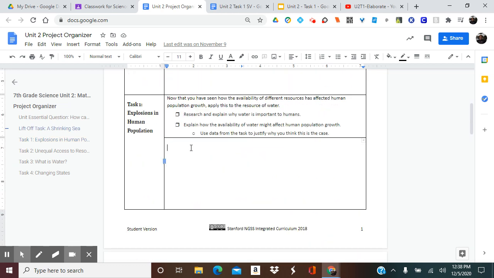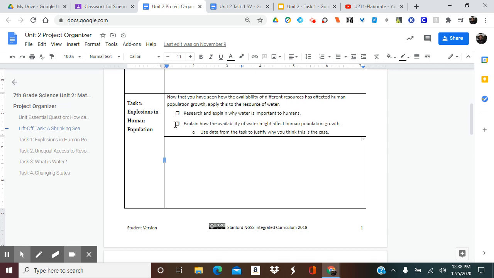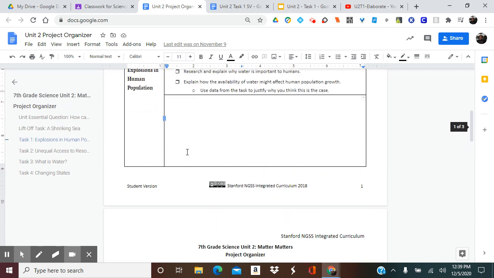These are going to be informal notes, things that you've learned, maybe some websites that you found that you want to use later on in your project. You're going to do some research, explain why water is so important, and how water is helpful to population growth. Okay, so you're going to fill in these two sections.